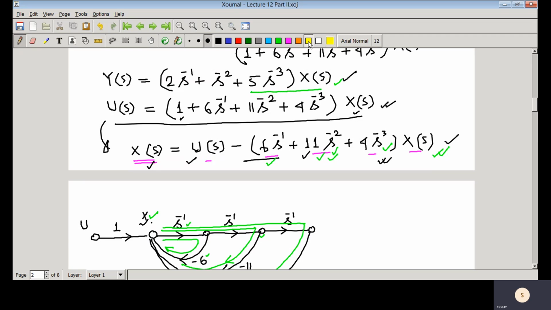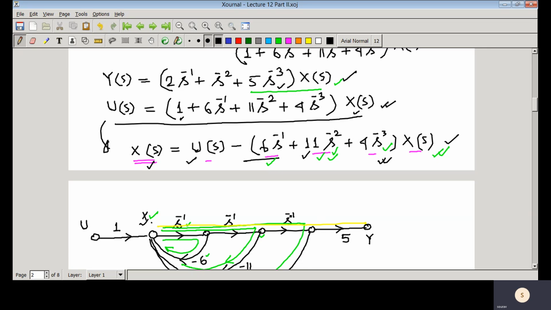So if I take one node here, and if I just make a path here with gain 5, then you can see here s to the power minus 1, s to the power minus 1, s to the power minus 1 into 5 into xs. So if I reach here, and if I say that this point is y, then we can have this term.